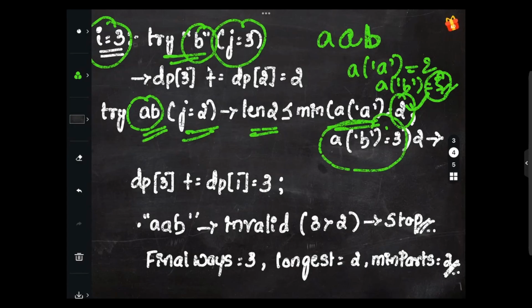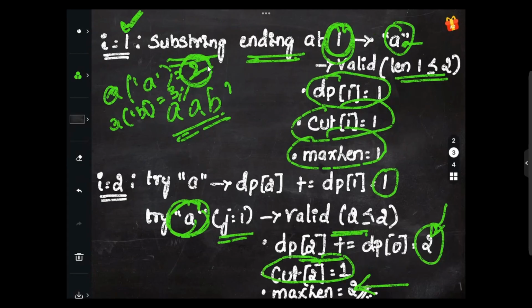So in this case 2 is equivalent to this one: dp of 3 equals dp of 3 plus dp of 1. dp of 1 is nothing but 1, value 1, right?